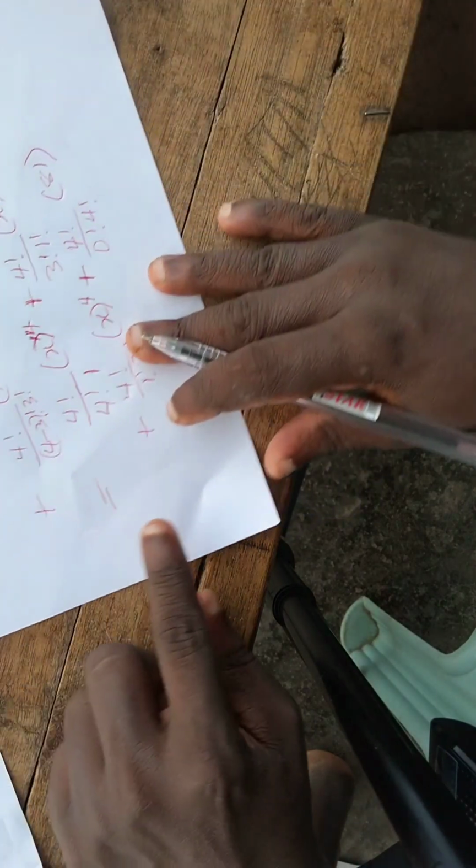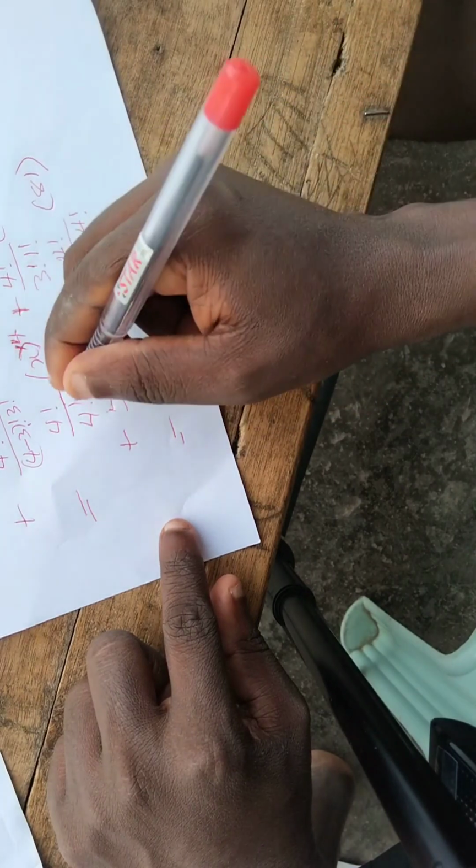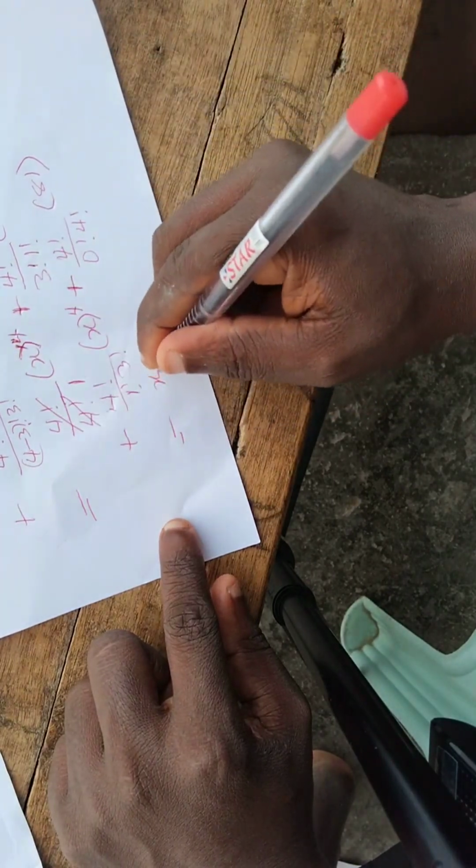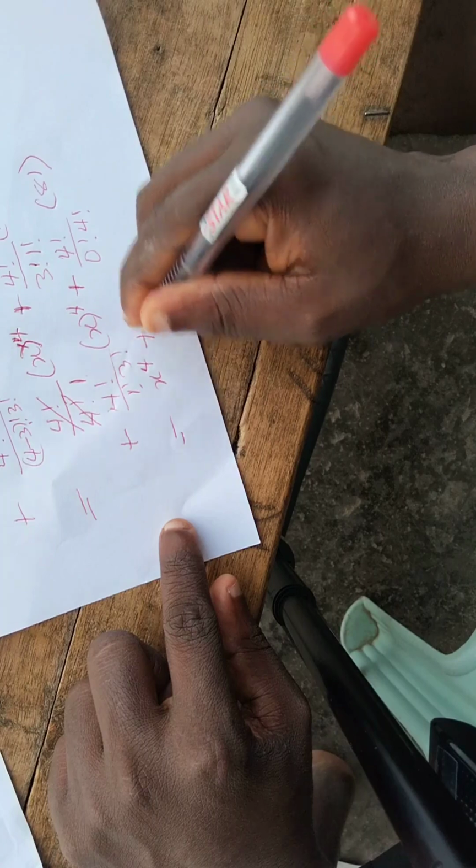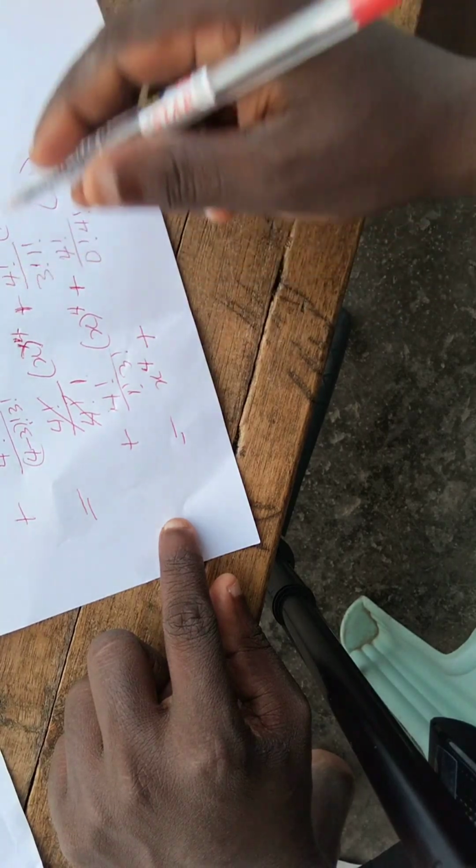So here, this can cancel this, because x to the 4 plus 4 factorial over 3 factorial.